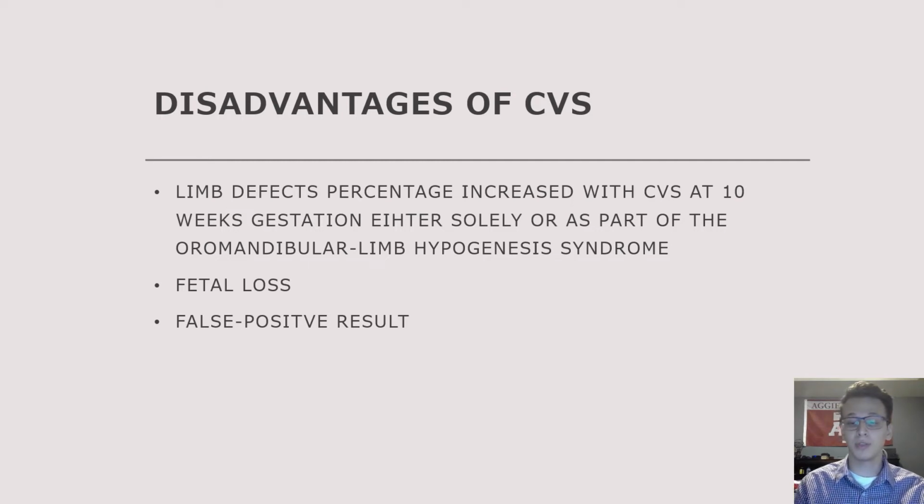Limb defects are mostly seen in this. The percentage increases with CVS at 10 weeks gestation, either solely or as part of the oromandibular limb hypogenesis syndrome. Studies have shown it's not directly correlated, but that percentage of limb defects still does increase with CVS. You can also have fetal loss, and you can have a false positive or a false negative result as well.